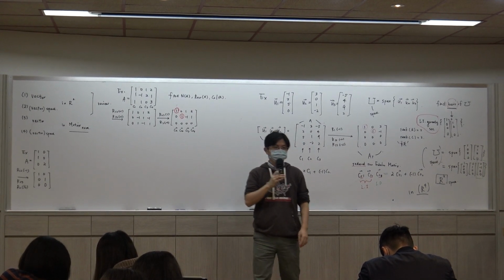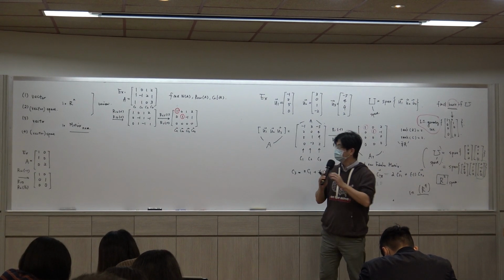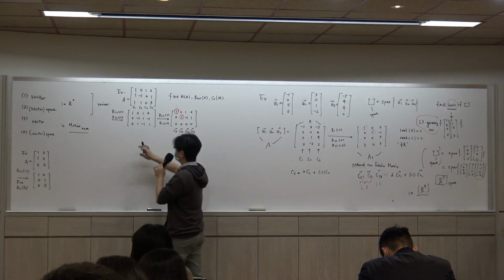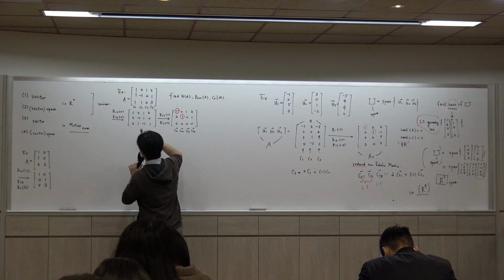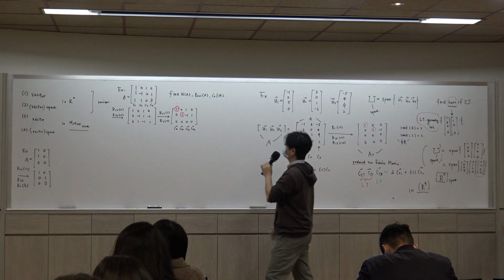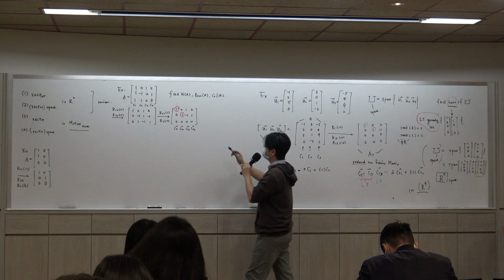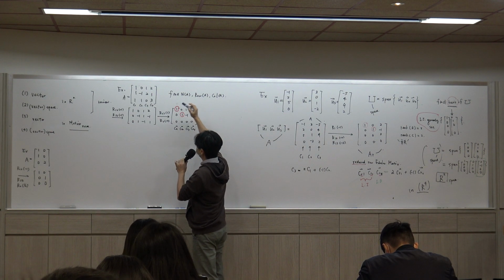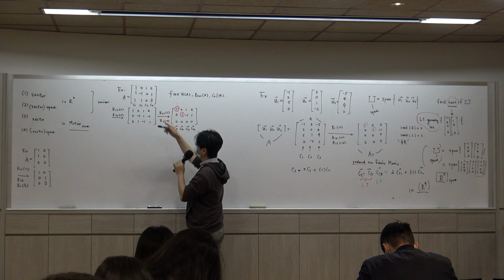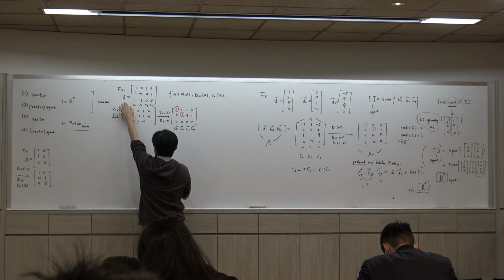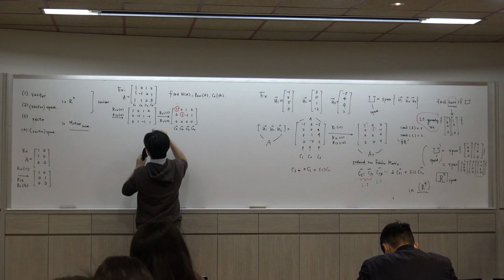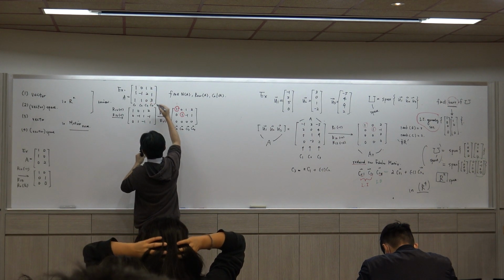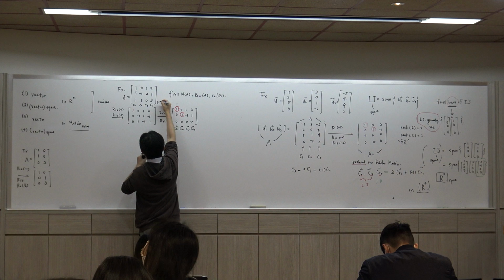Okay, let's keep going. We would like to use this example to further understand the spaces of a matrix. For this example, we have a matrix A with 3 rows and 4 columns.